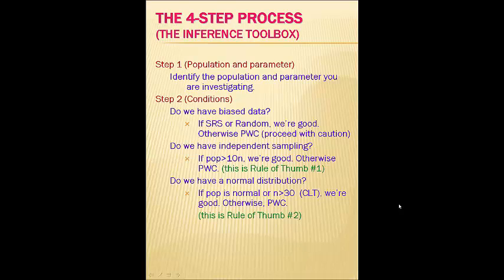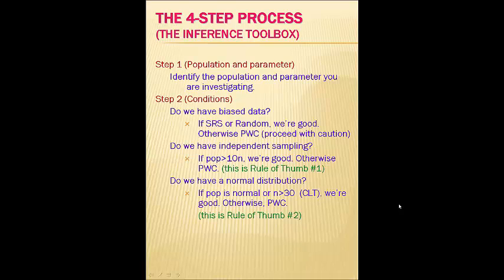Is it a normal distribution? Remember that the population being greater than 10 times n allows us to modify the standard deviation. So that's what that first one is. And I really hate using the rule of thumb 1 and 2, but if that helps you identify it, then that's great. So if the population is 10 times greater than n, we can modify the standard deviation. And that particular rule is for both proportions and means.